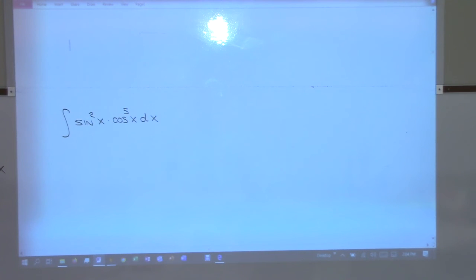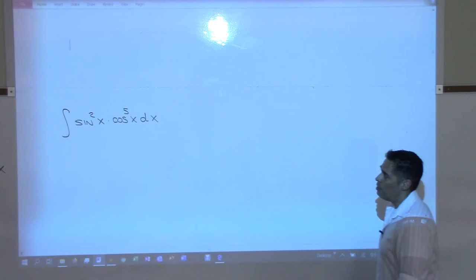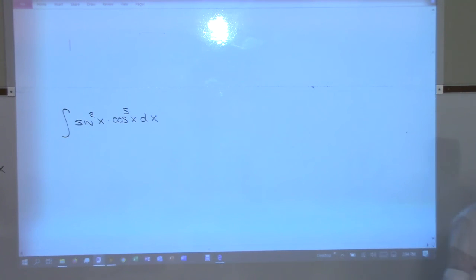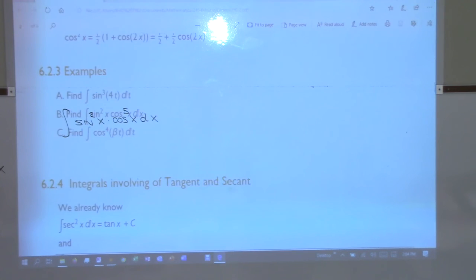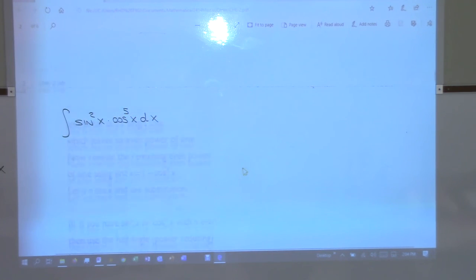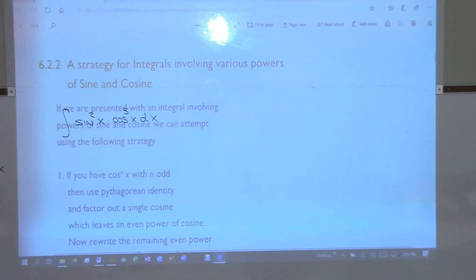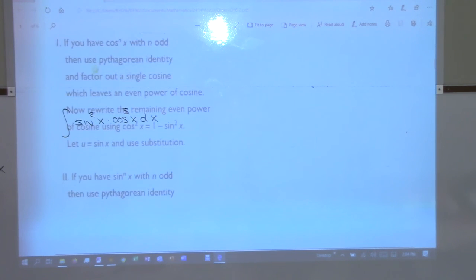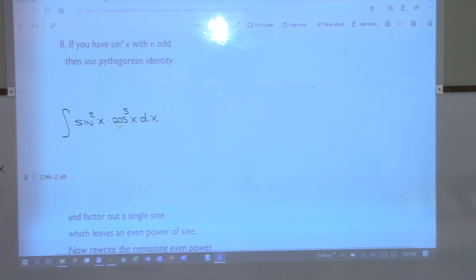So now we have a mixture of sines and cosines together, don't we? If we have sines and cosines mixed up, we're still going to start looking at our little cheat sheet at the top here. If we have sine and cosine, the first thing it asks is, do you have cosine raised to an odd power? Well, we do. There it is, cosine to the fifth.